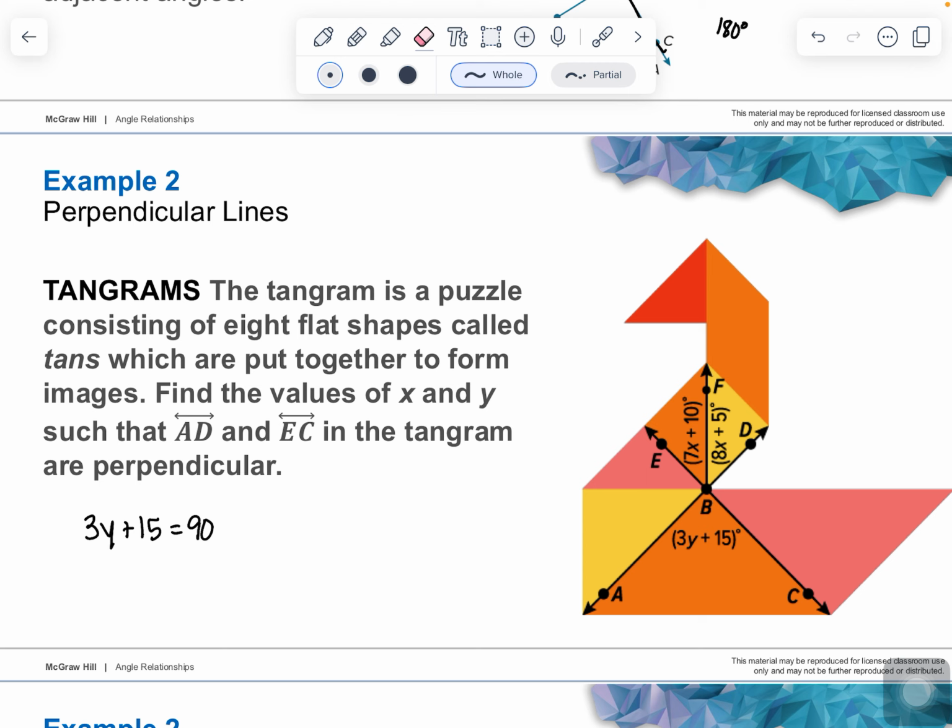If we know that this is all supposed to be perpendicular, then what would we know about these two? Well, we would know that they are congruent. We would know that they are 45-degree angles.